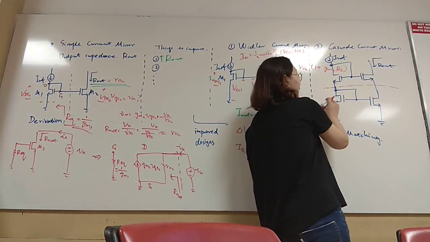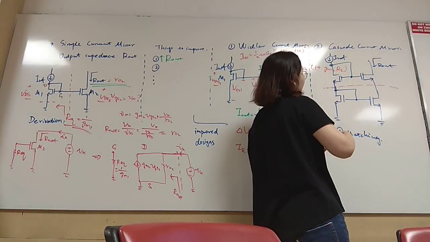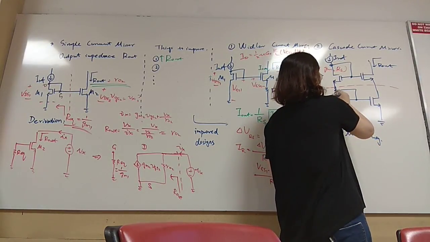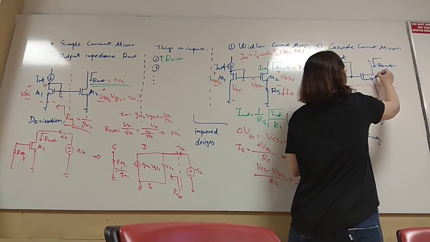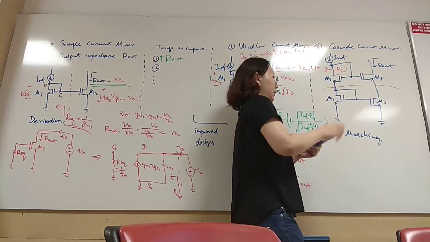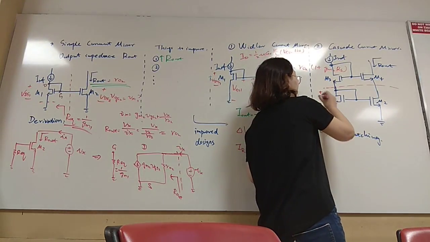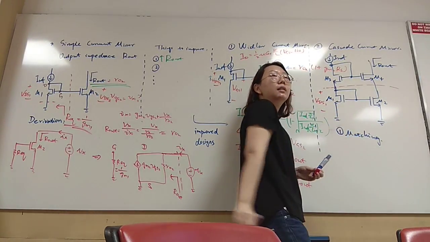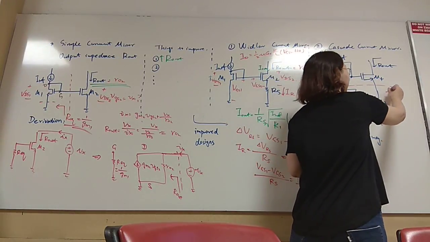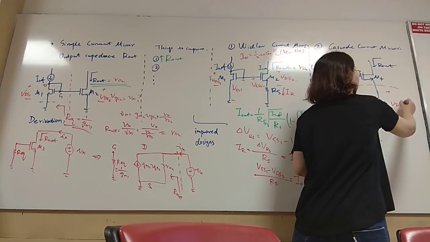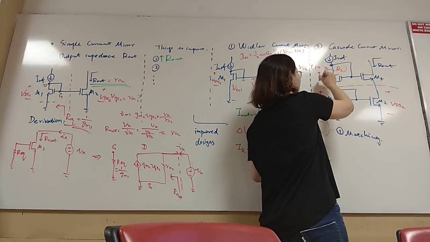Okay? Let's say, for example, this one is my M1, M2, M3, M4. Here's my VDS1. Where's my VDS2? Here's my VDS2, right? VDS3.